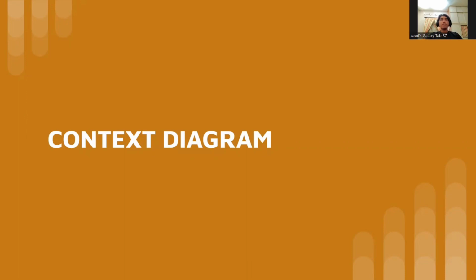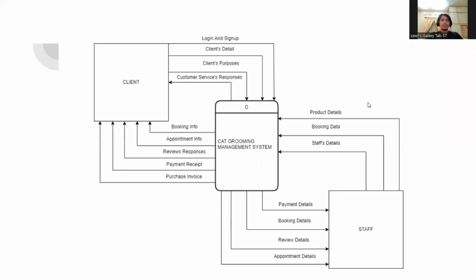Okay, so today I will continue with our group project presentation for the next part, which is the context diagram. So this is our system context diagram. For your information, the context diagram is also known as the DFD level 0 diagram. This context diagram shows all the major processes that comprise the overall cat grooming management system.